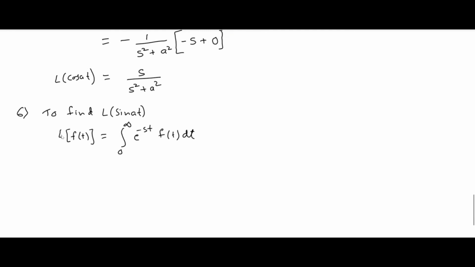Here we know that the value of f of t is nothing but sin at. So in place of f of t, replace that by sin at, and we'll be getting integral 0 to infinity e power of minus of st, sin at into dt.